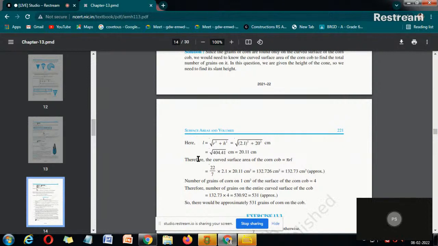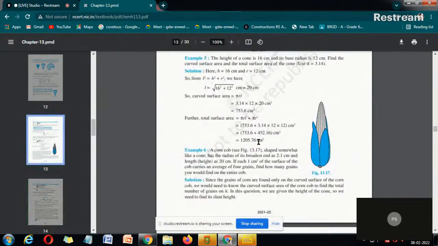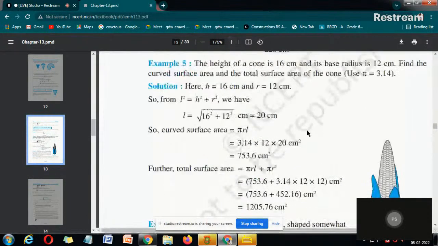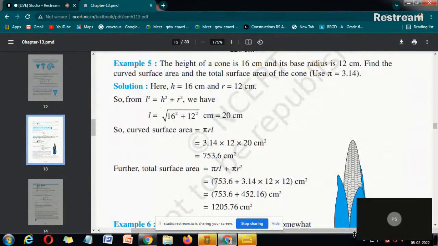Now, whenever we eat corn, we observe that the grains will be on the side only. It won't be on the top or bottom, right?